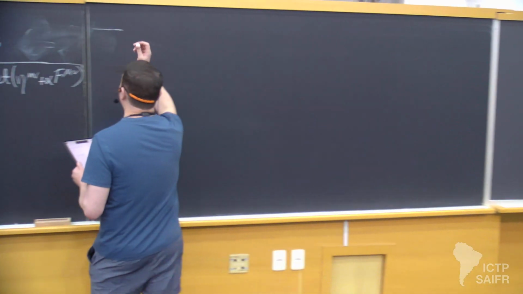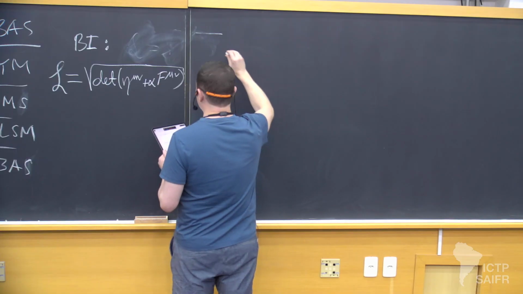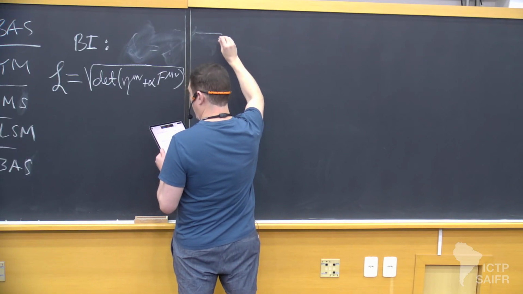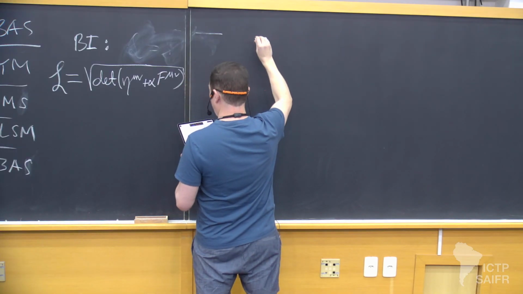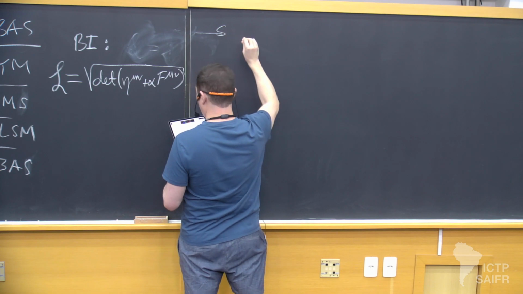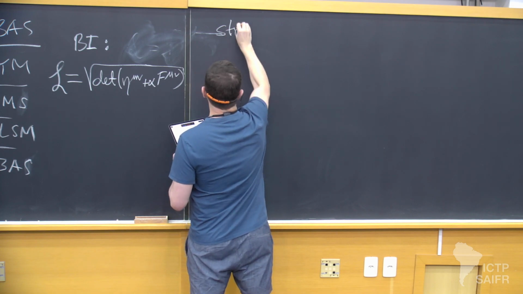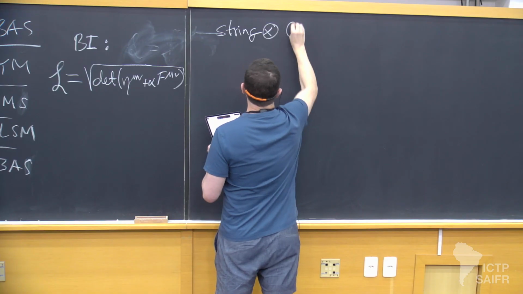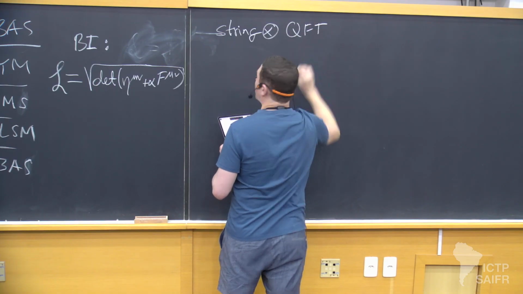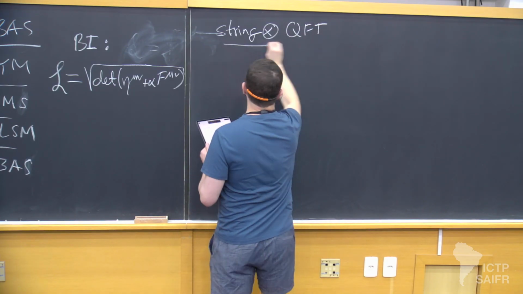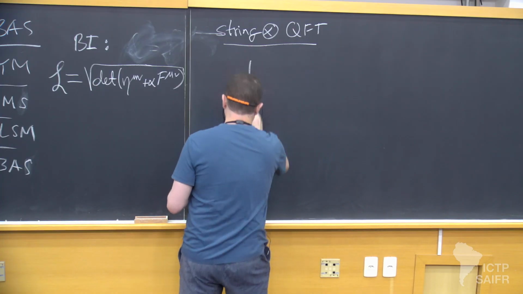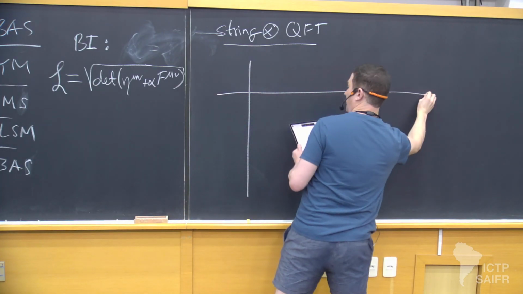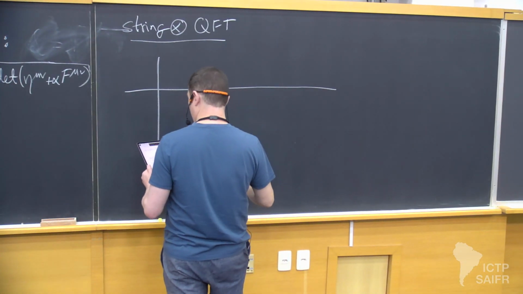Okay, good. Then the last thing I was going to say about the double copy is also a multiplication table, but in this case, it's going to be some stringy object, a string object times a QFT object. So it looks a bit weird, but let's do it. Maybe I should have made it bigger.